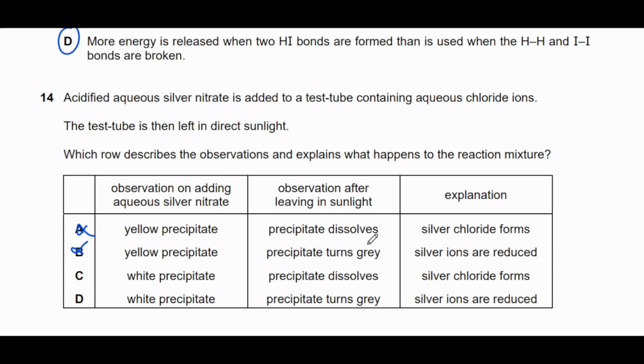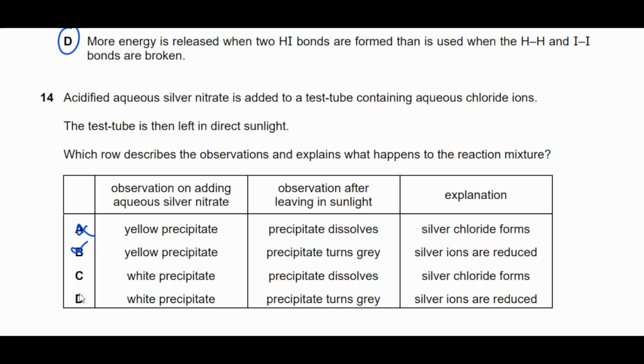Next, observation after leaving in sunlight. Okay, so when you leave silver chloride in sunlight, the precipitate would turn gray because it will undergo reaction using the UV light from the sun. It will actually turn gray.